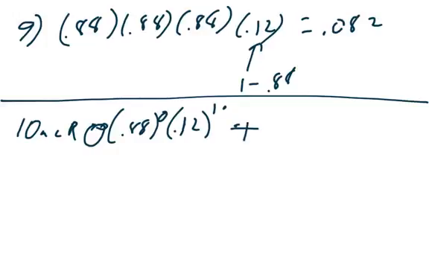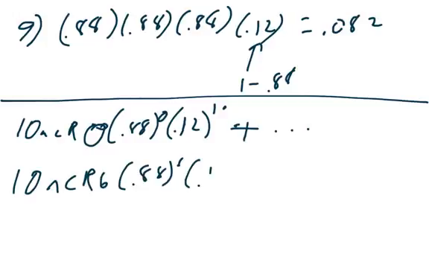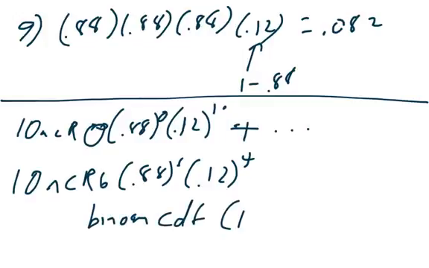And then you add all the way up until the highest number that you're including, 0.88 to the 6th, 0.12 to the 4th. Now when I put this in my calculator, I'm using binomial CDF 10, 0.88, 6, and that gives me the answer of 0.023.